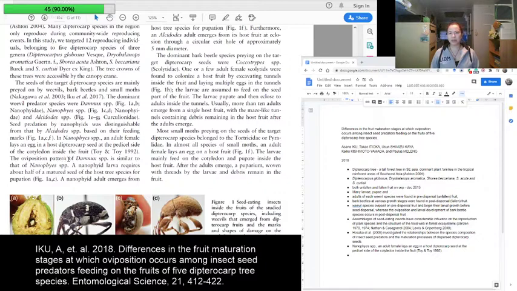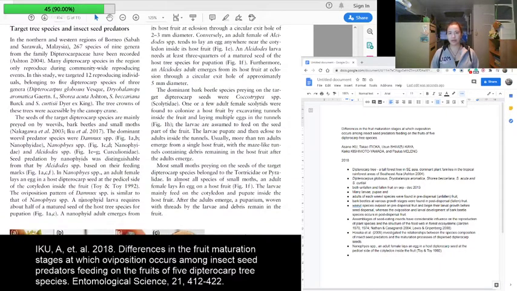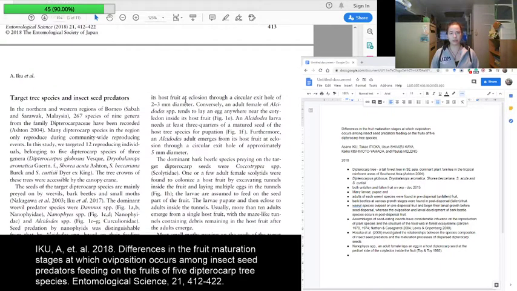So the oviposition pattern of Damnux species is similar to that of nanophytes. A nanophid larva requires about half of a matured seed of the host species for pupation. The adult emerges from its host fruit at eclosion. Let me just get the proper definition of this word.